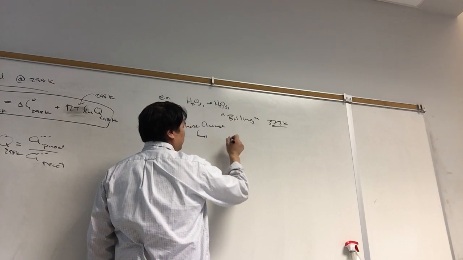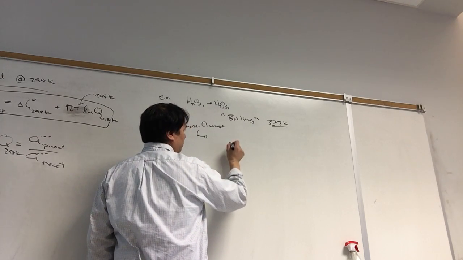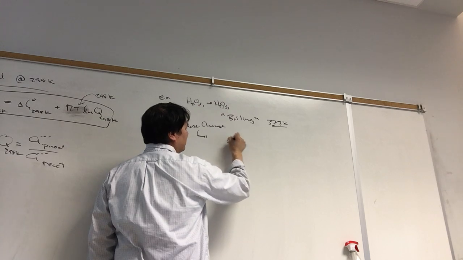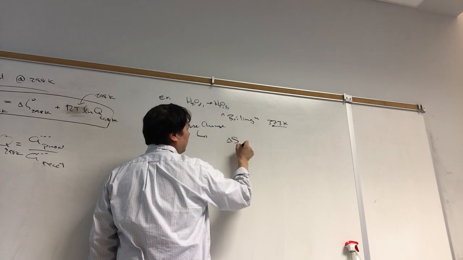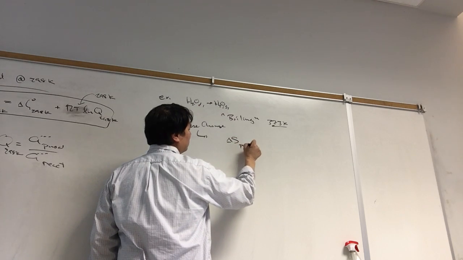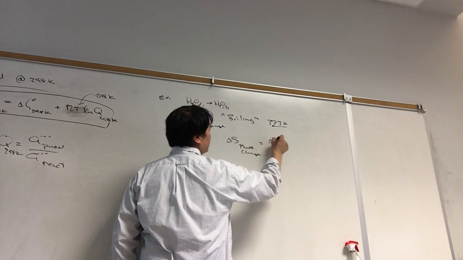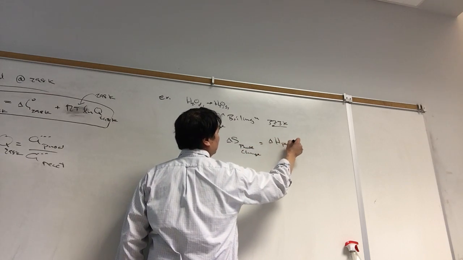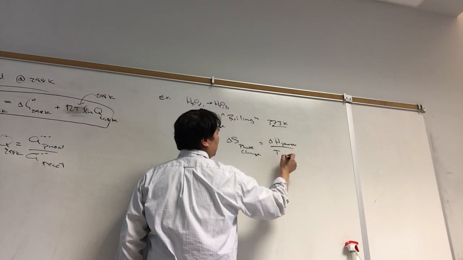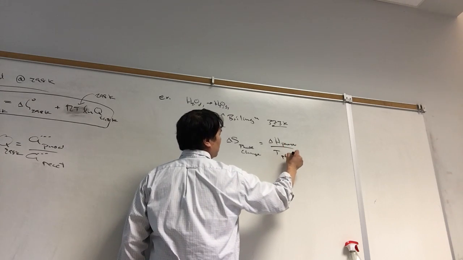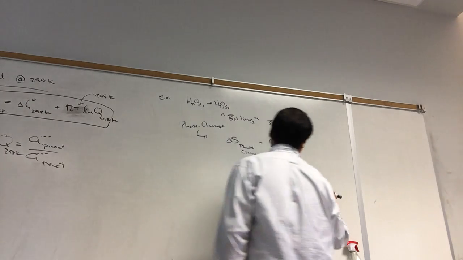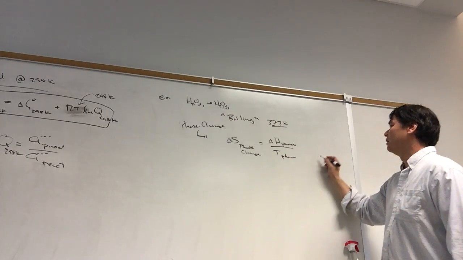For a phase change, we'll see that delta S of the phase change is equal to delta H of the phase change over the temperature of the phase change. Where did this come from? Well, there are 2 ways to derive this.